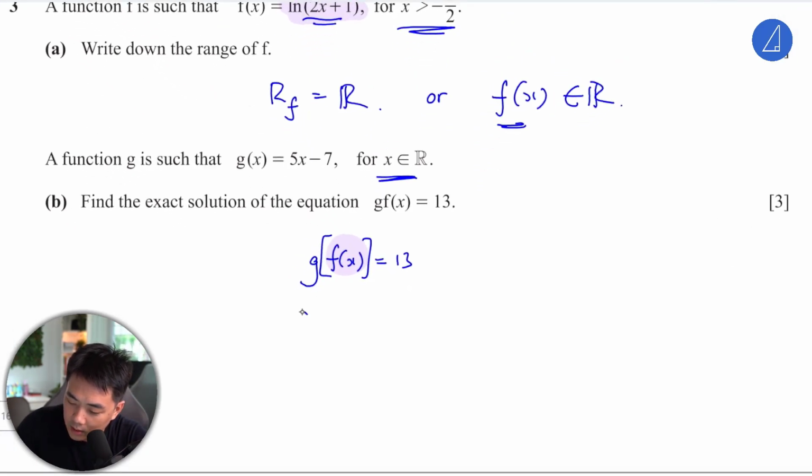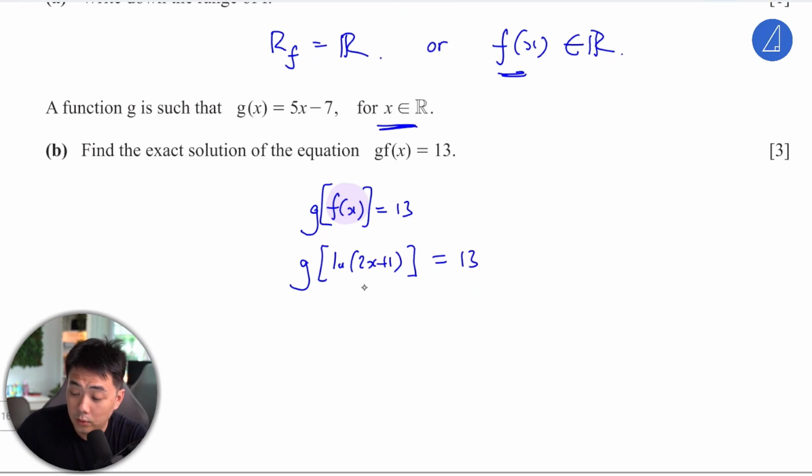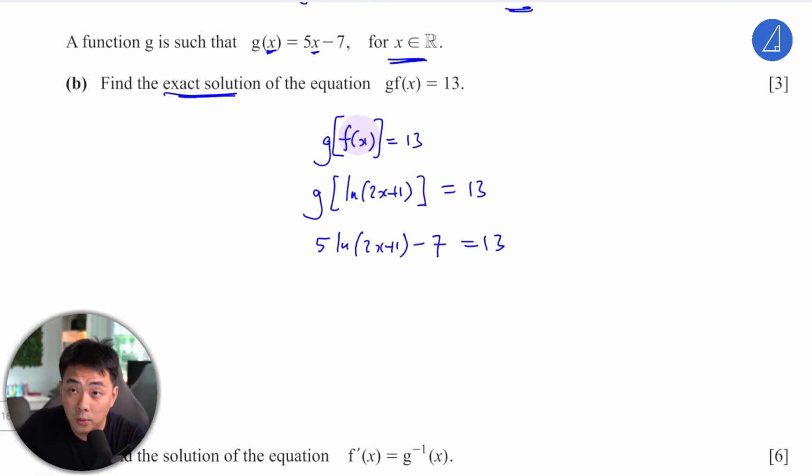So I'm putting ln(2x+1) into the function g, treating it as the input x. So I'm going to put 5 ln(2x+1) minus 7 equals 13. Finding the exact value means we can't use a calculator.